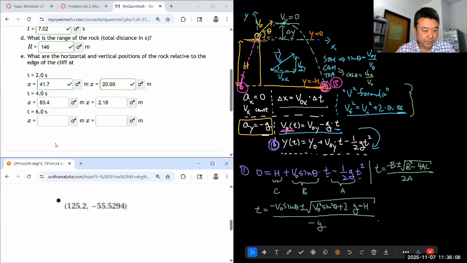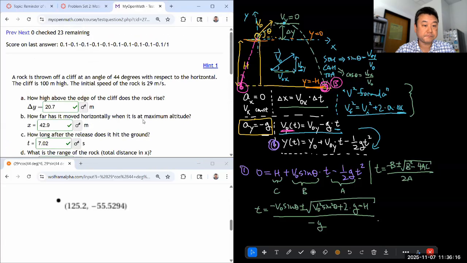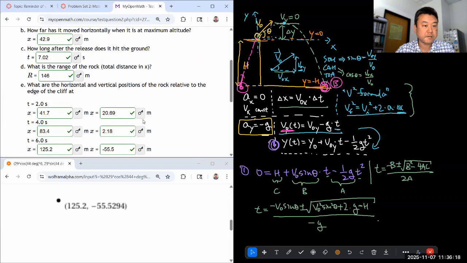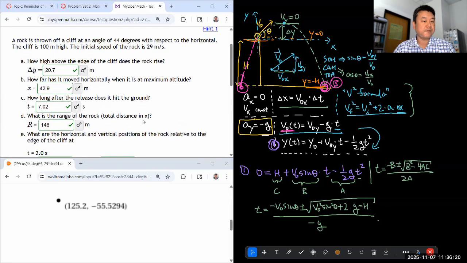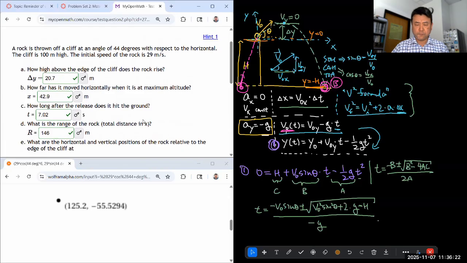So 125.2 and minus 55.5. Yeah, that should be correct. Good. So that's all the parts. It's a kind of long, detailed question that hopefully helps you understand how to analyze any projectile motion question.